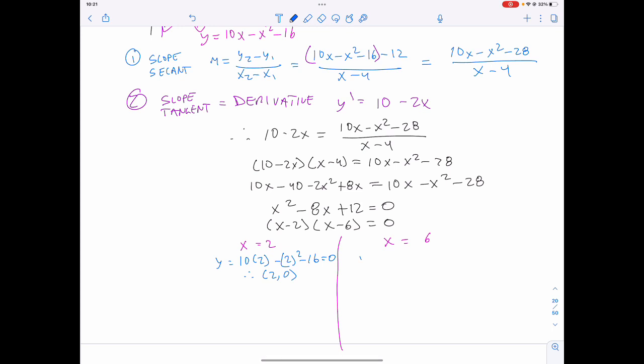I have y is equal to 10 times 6 minus 6 squared minus 16, which is equal to 8. Sorry, not 18, just 8. And I have the point of 6 and 8.